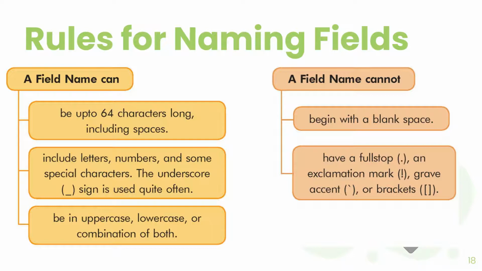The underscore sign is used quite often. And the field name can be in uppercase, lowercase, or combination of both. And a field name cannot begin with a blank space, and it cannot have a full stop, an exclamation mark, grave accent, or brackets.